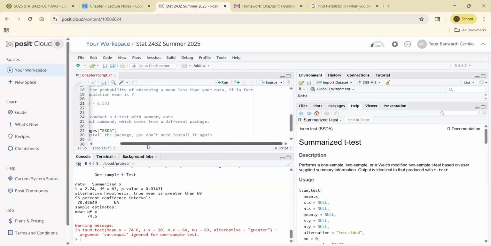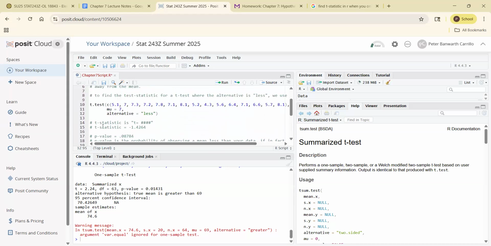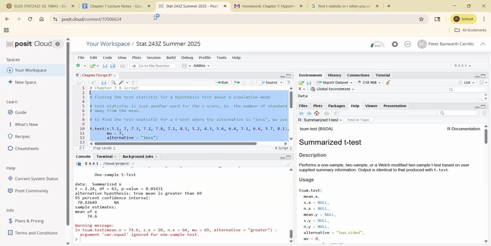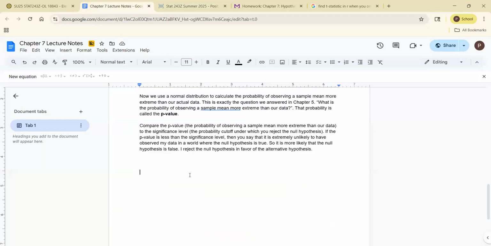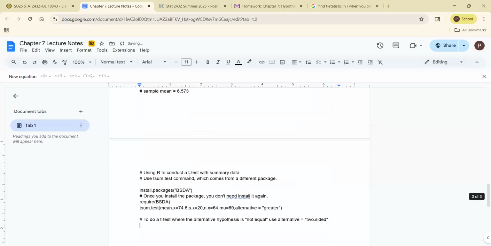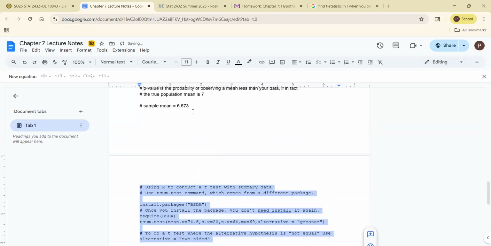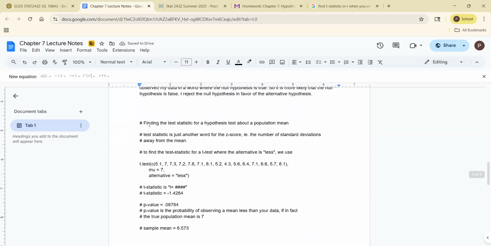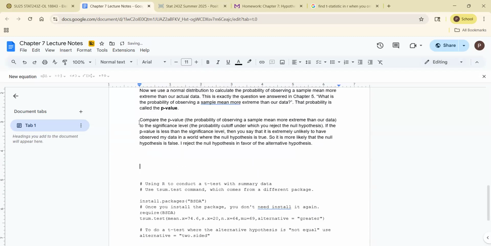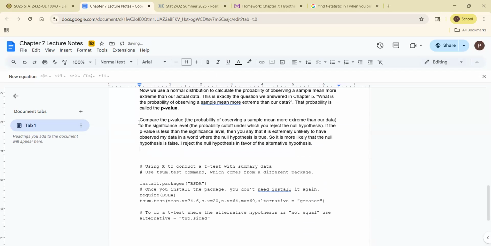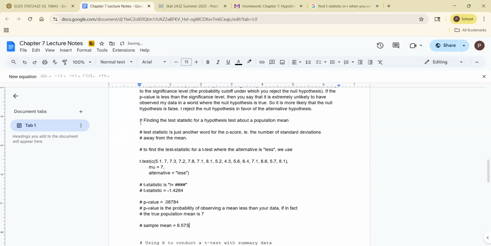So let me put this code in the lecture notes. And I'm going to move it around a little bit so that it's in the right place. Oh, that is in the right place.